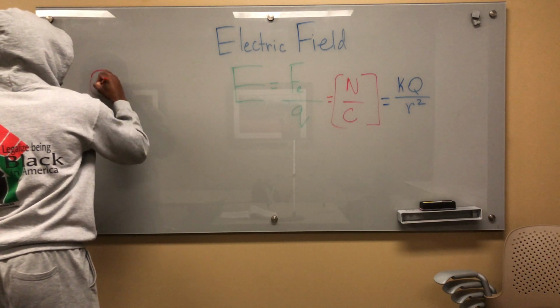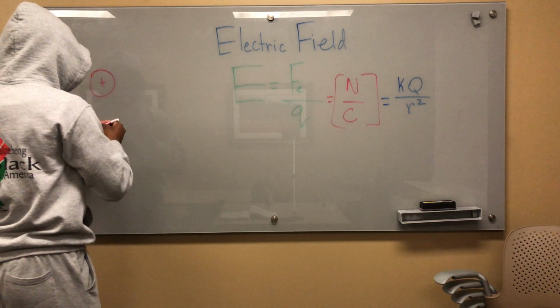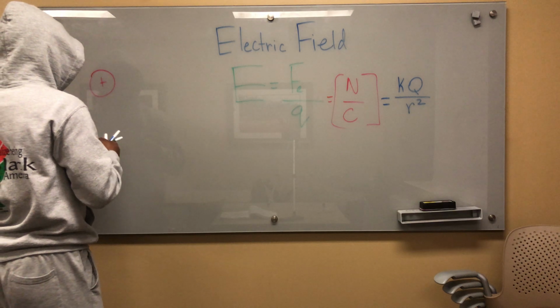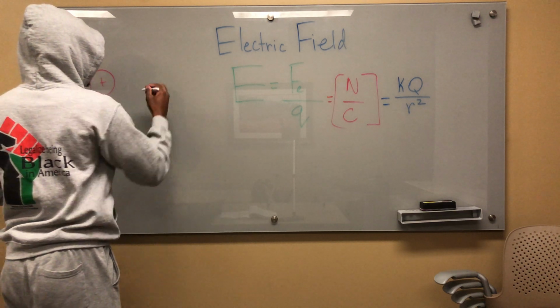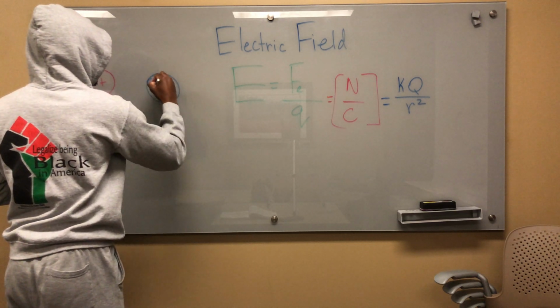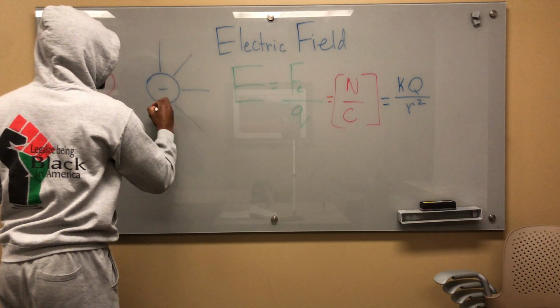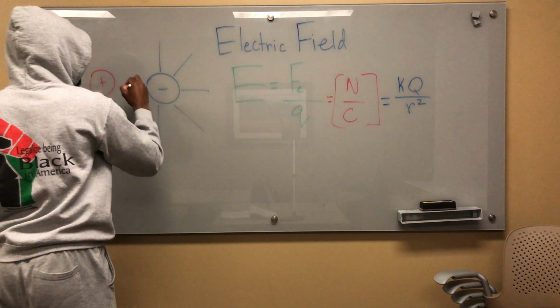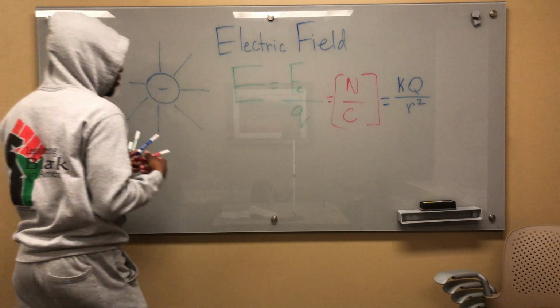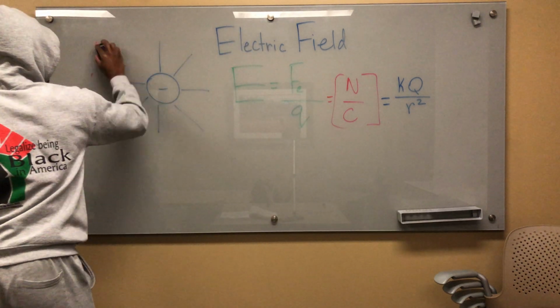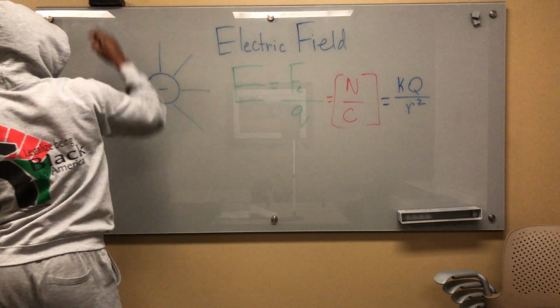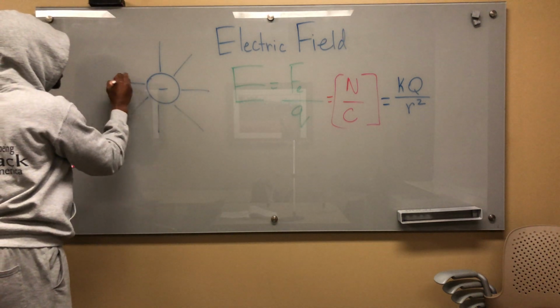Another thing I also want to point out is the convention that we use. So let's say this is my positive and this is my negative, right? We have field lines. That's what they're called. I'll try and put these a little bit further apart. Basically, field lines just denote what is going on with an electric field.